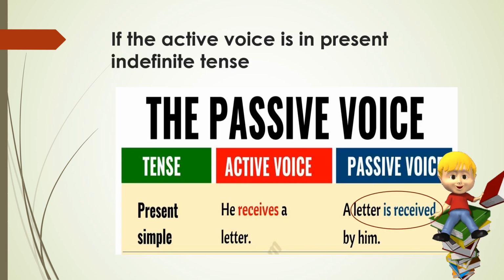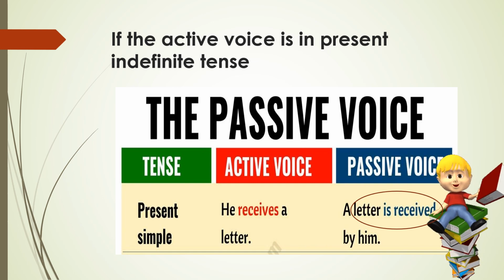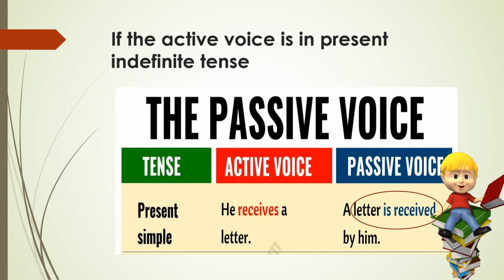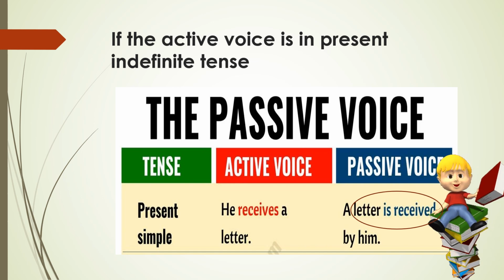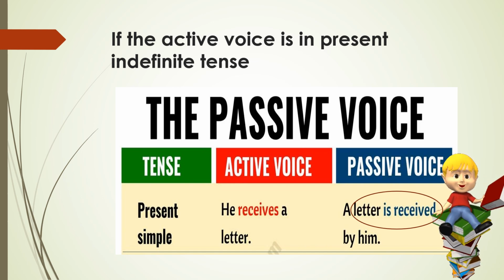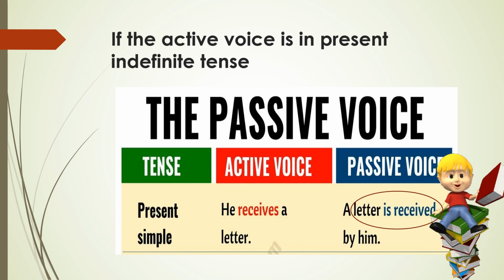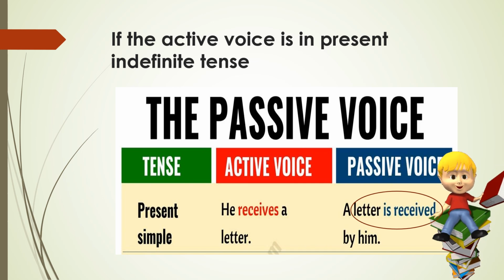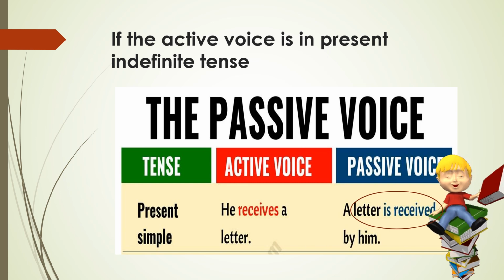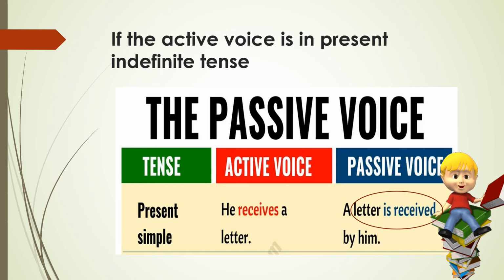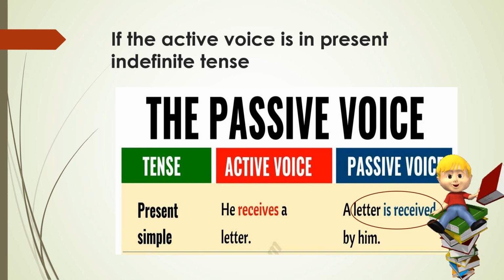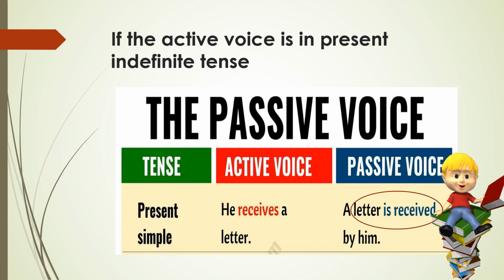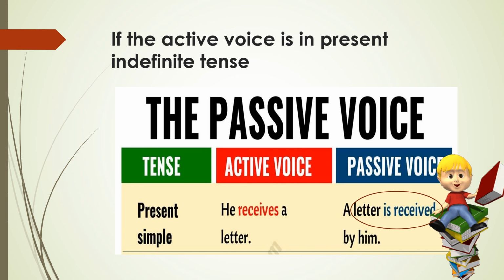As you can see, if the active voice is in present indefinite tense, then it will be converted into passive voice like this. For example, he receives a letter. This is a sentence in active voice, and we will convert it into passive voice by adopting the helping verb of present tense, that is am, is, or are.